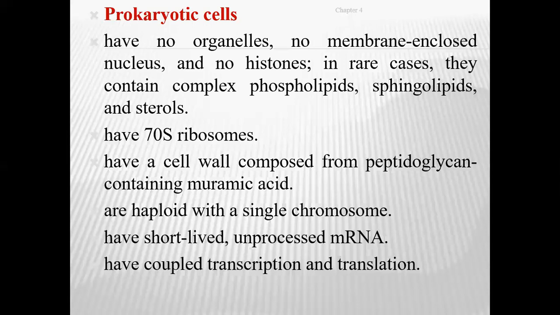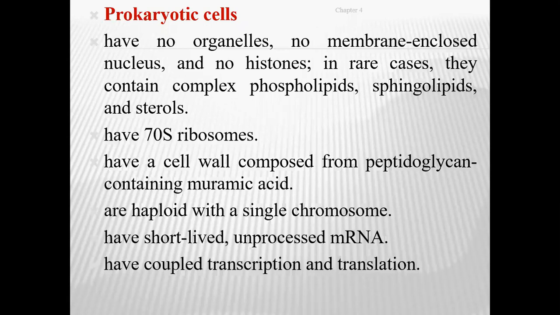This histone gives support for DNA. But in bacteria, histone is not present. Also, the genetic material is present in one chromosome. This chromosome is circular, while in eukaryotic cells the chromosome is linear.